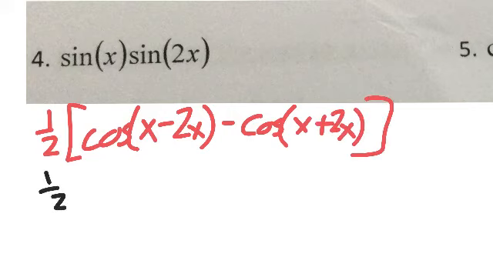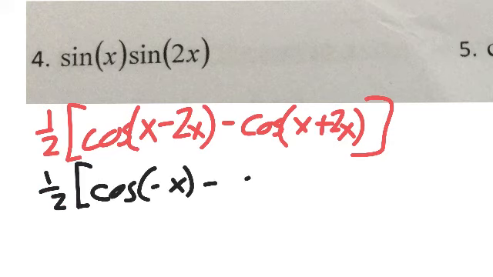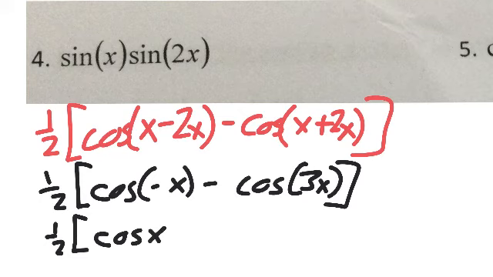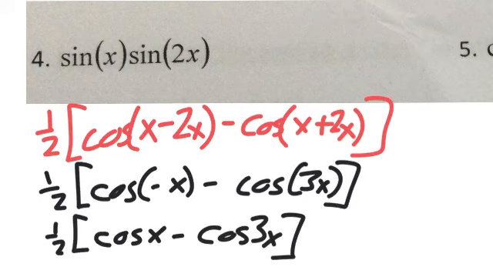So this would be 1/2 cosine of negative x minus cosine of 3x. Now again, I have a negative inside the argument of cosine, so we can drop that negative. So this is going to be 1/2 cosine x minus cosine 3x.